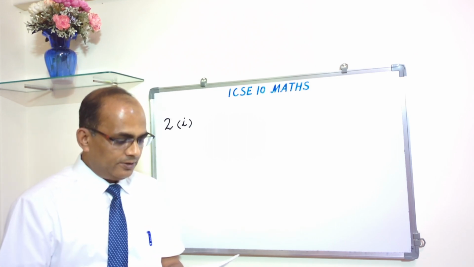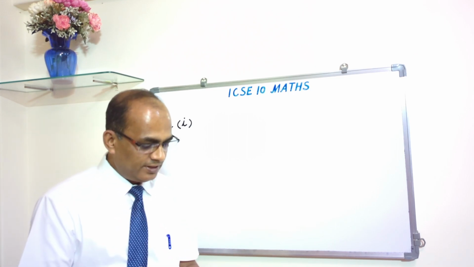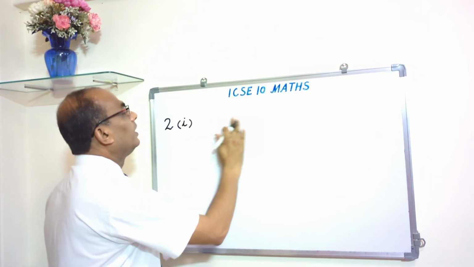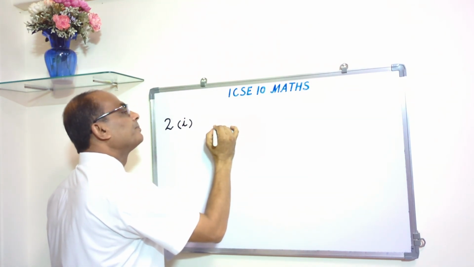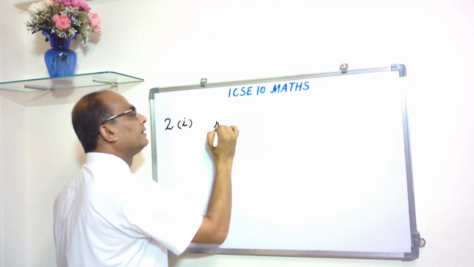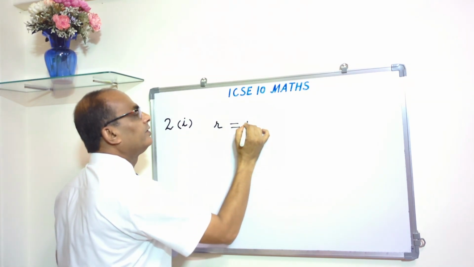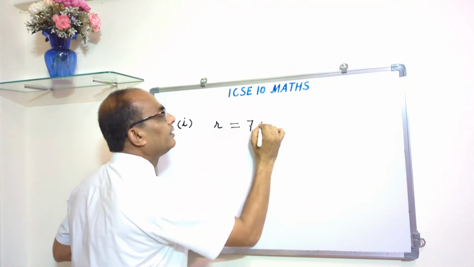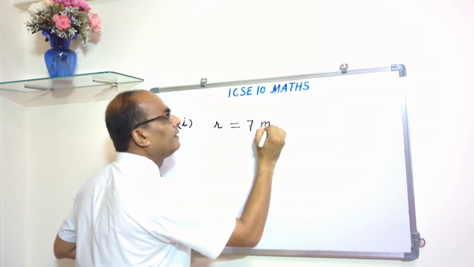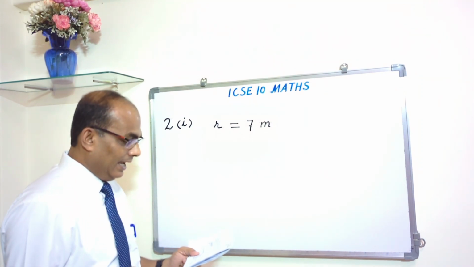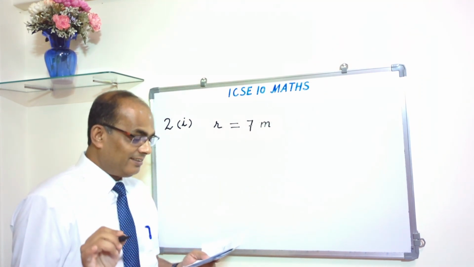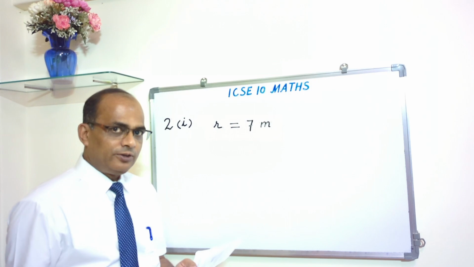So we can write down R is equal to 7 meter. Alright, and H is equal to total 34, as I explained to you, minus 14.